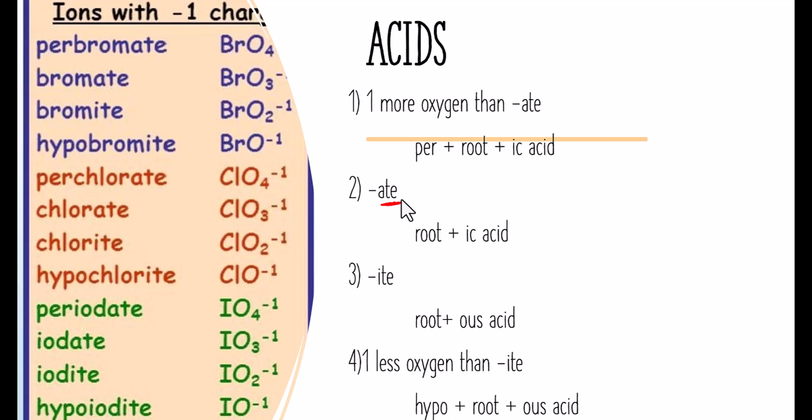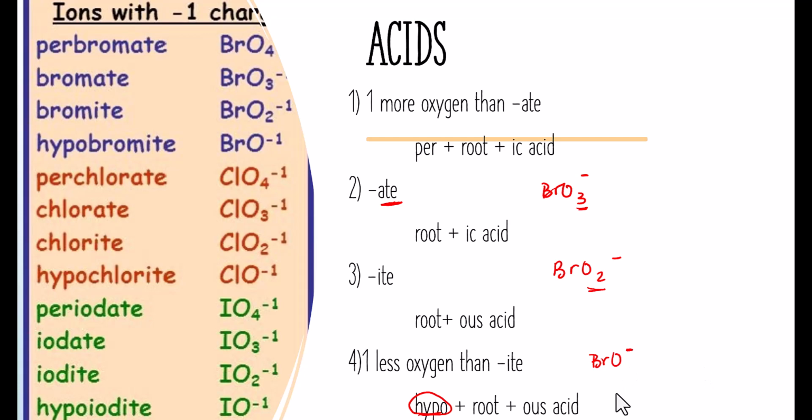So for example, if we have bromate, it has 3 oxygens. 1 less oxygen is an -ite. So if you notice, there's 1 less oxygen. And so if we have 1 less oxygen than the -ite, it is hypo. This is not hydro, this is hypo.